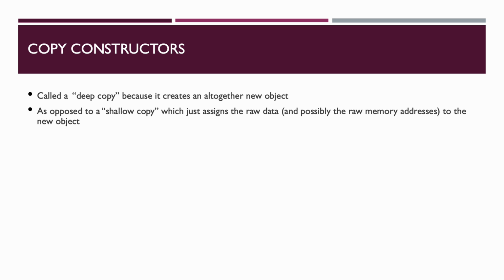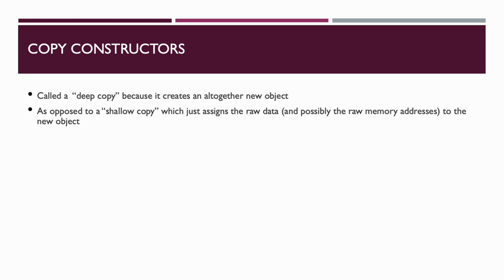This means that it copies not only the object's data but also any dynamically allocated memory, creating an entirely independent object with its own resources. A deep copy allocates new memory and copies the contents of the original object into that memory. This ensures that changes to the new object don't affect the original object and vice versa.